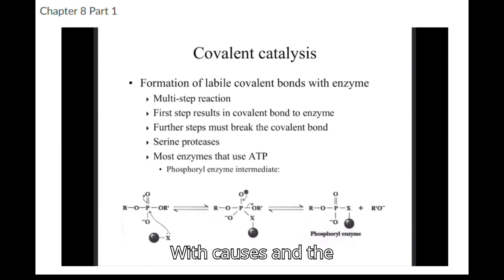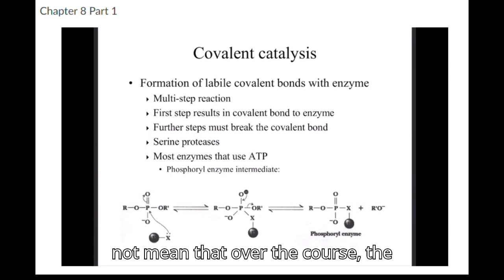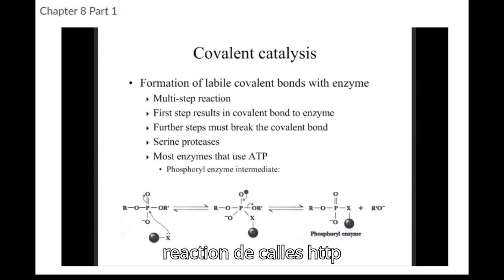We'll start with catalysis, and we'll look at a common theme that we see in catalytic reactions, the concept of covalent catalysis. And one of the hallmarks of catalysis is that the catalyst starts and ends in the same form. But that does not mean that over the course of the reaction, the catalyst is not going to somehow change.